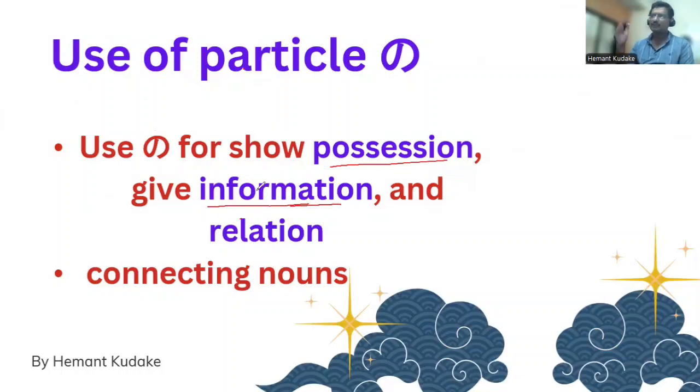So it is also used to pass information. And the third use is to show relation. So these are the three major uses of particle no. A note: particle no is used to connect two nouns. Okay, so let's move further.